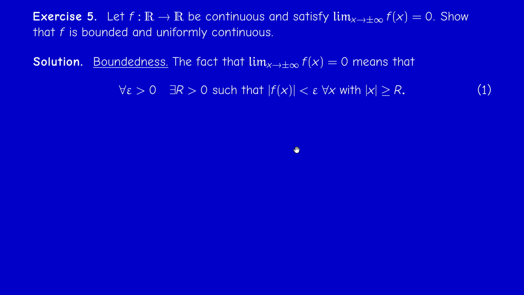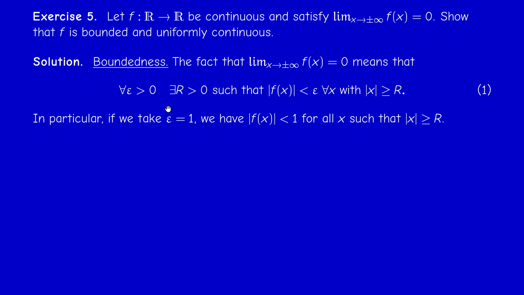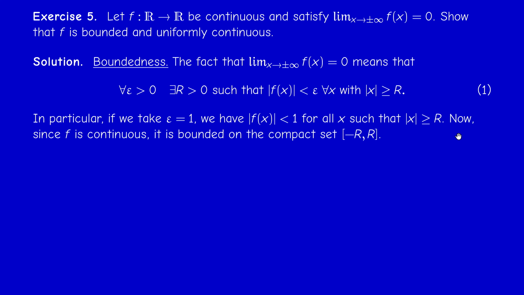And so in particular, if I take epsilon equal 1, note that in general r depends on epsilon. So take epsilon equal 1. Then you will have a number r such that f of x is less than 1 for x outside the interval minus r, r.